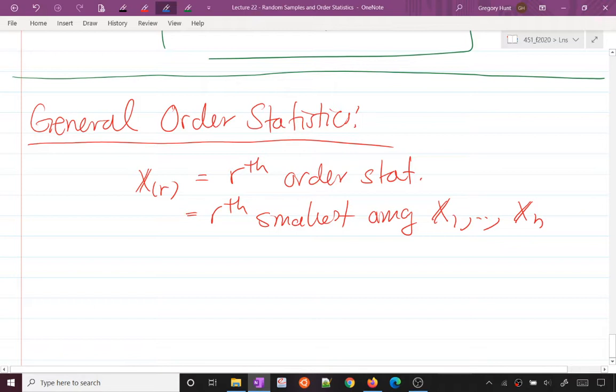So this x sub r is really a function of all of these. The minimum is not always the first one. X sub 1 is not the same thing as the first of my random sample. The last one could be the smallest one. X sub 1 could be any of these.